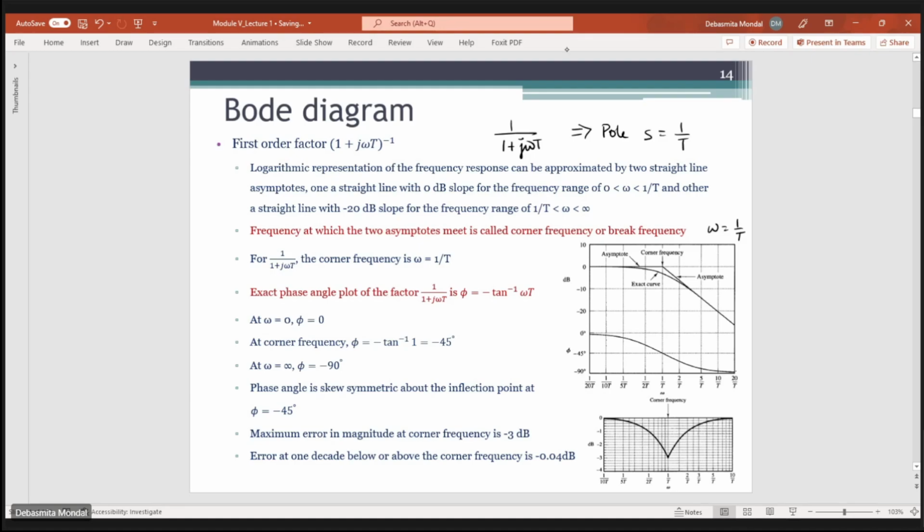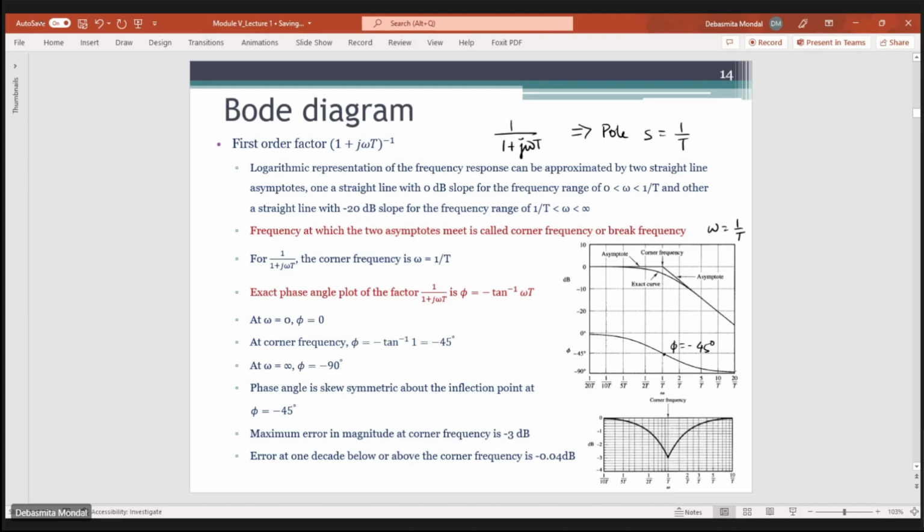The phase angle is skew symmetric about the inflection point, that is phi equals minus 45 degree. This is called the inflection point. The phase graph is symmetric about this inflection point.